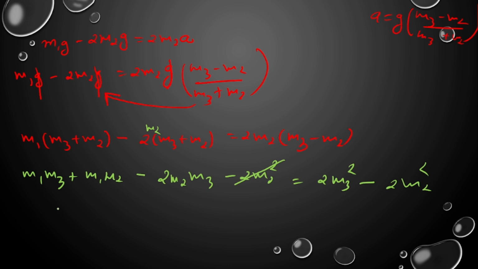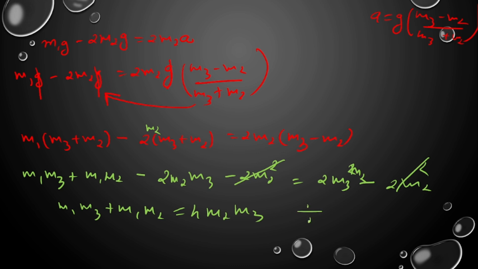So here we have m1m3 plus m1m2 minus 2m2m3 equals 4m2m3.